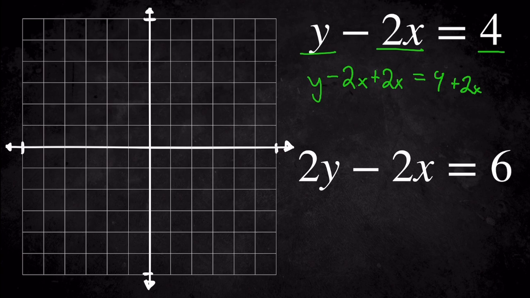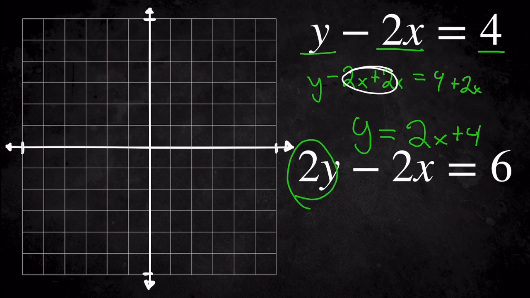So the slope-intercept form would be y equals 2x plus 4. Then for the other one, it will be a little more difficult since this has a coefficient of 2 and not 1.